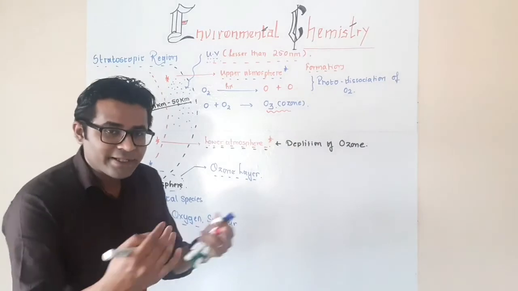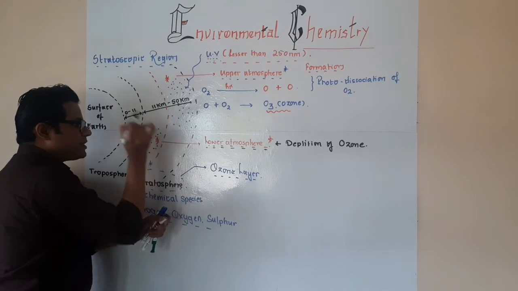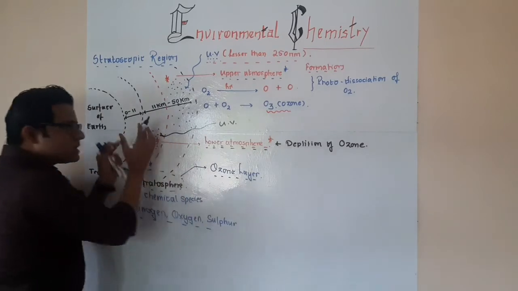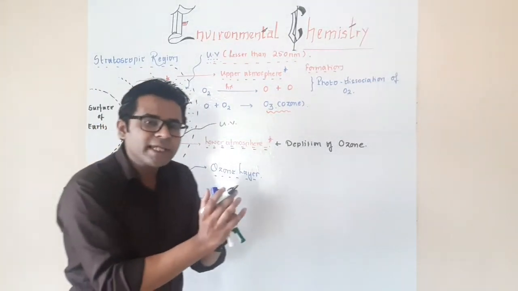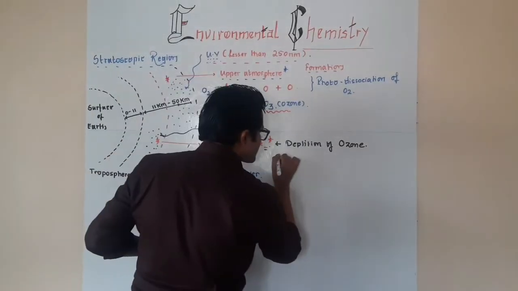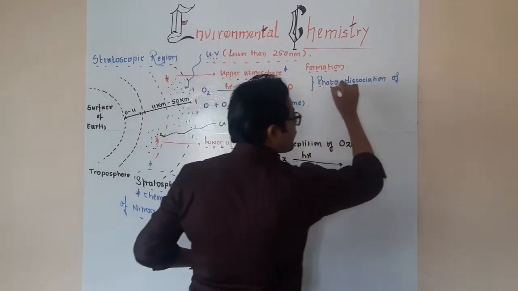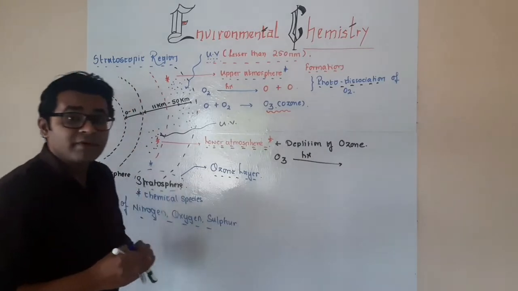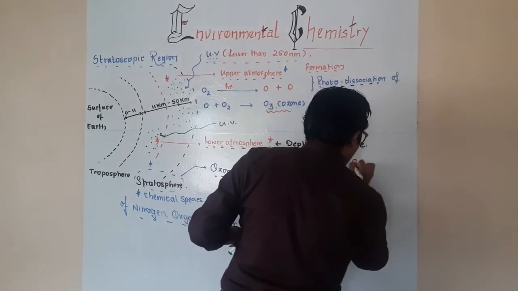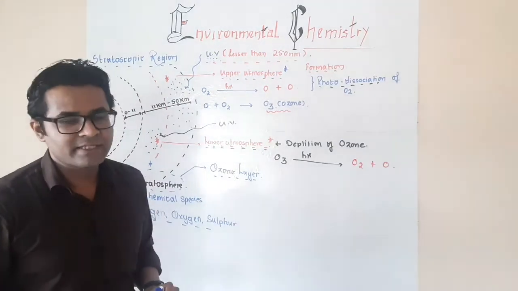Let's say these are your ozone particles. When UV radiation comes, ozone has a very good tendency to absorb ultraviolet radiations. As the ultraviolet radiation strikes, again there is photo-dissociation, but this time of the ozone molecule. These ozone molecules split up into an oxygen molecule and an oxygen atom.